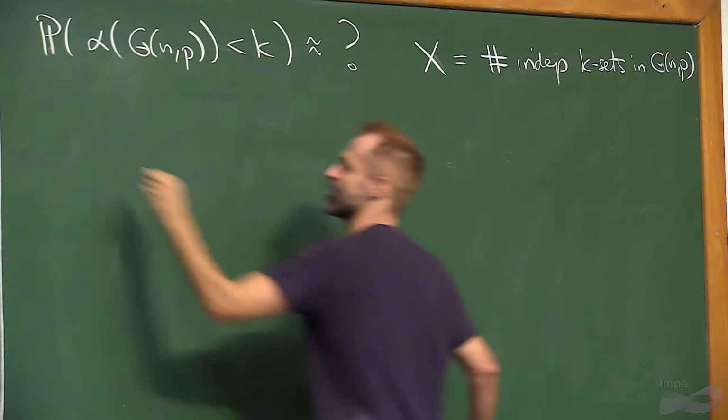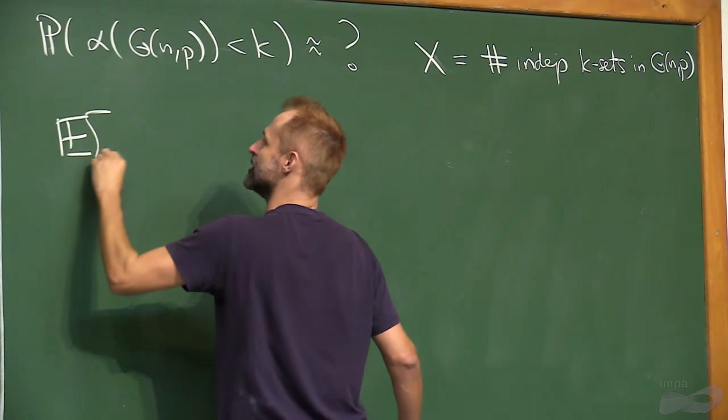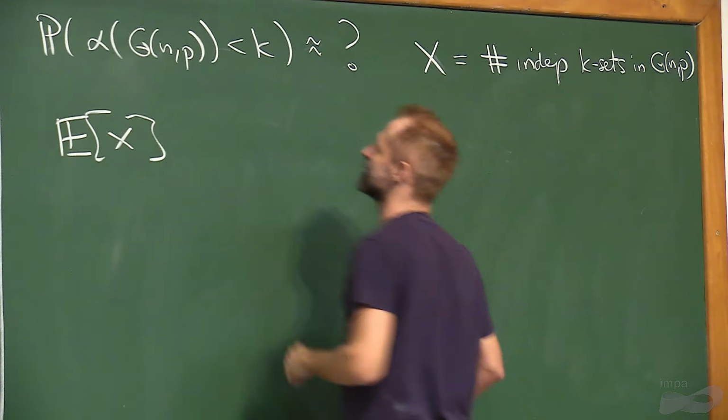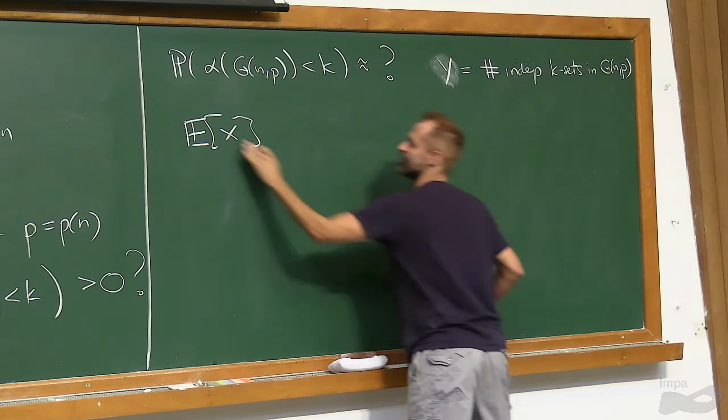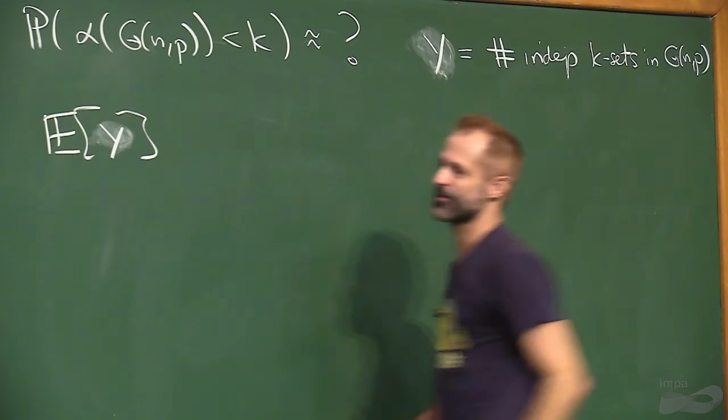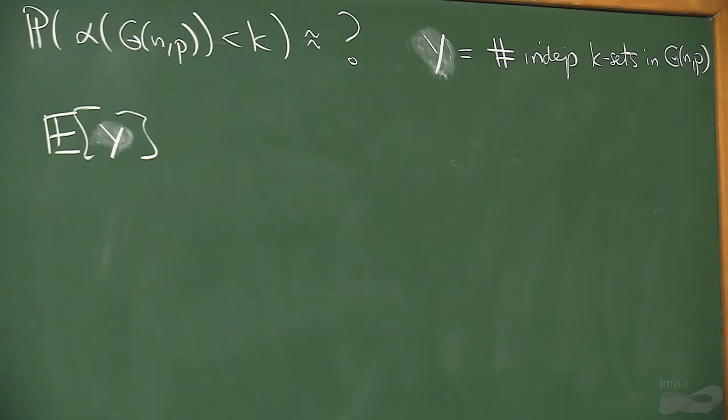What is the expectation of that? I'll call it y, sorry, because we have an x over there, to distinguish from that x. What is the expectation of this y?